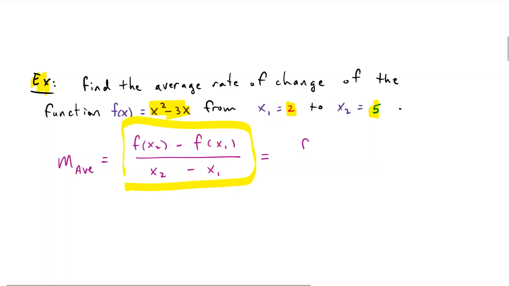So this gives us f of what's x2? Well, x2 is 5, minus f of what's x1? x1 is 2, all over 5 minus 2.